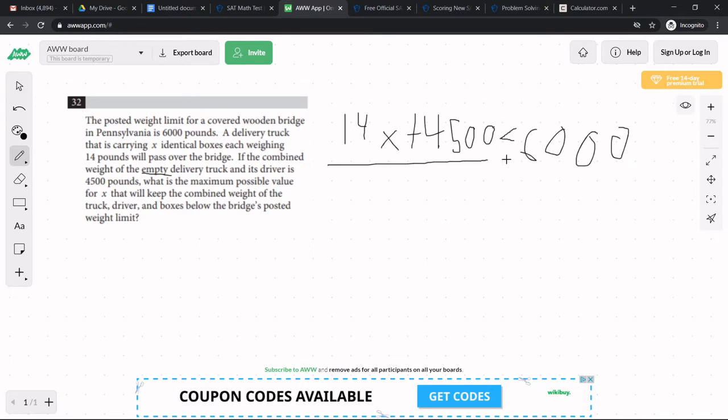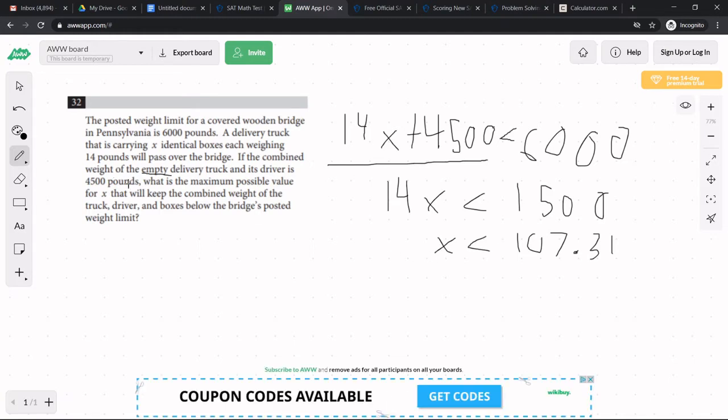So we solve this like we would any other equation. We get 14x is less than, subtract 4,500 from both sides, get 1,500. And now you divide both sides by 14. 1,500 divided by 14 gives you 107.14, something like that.